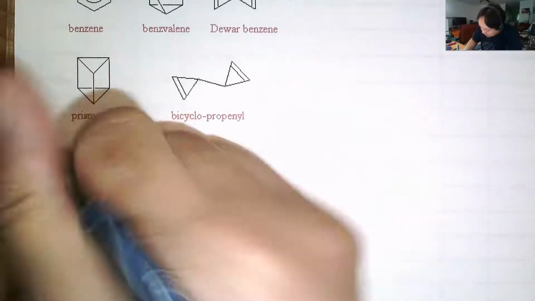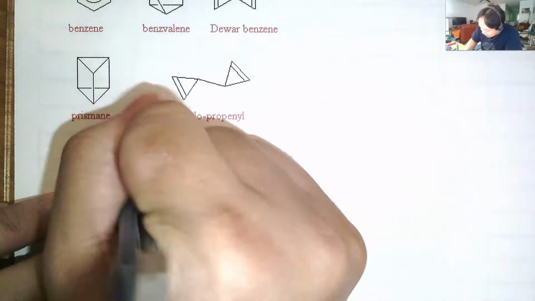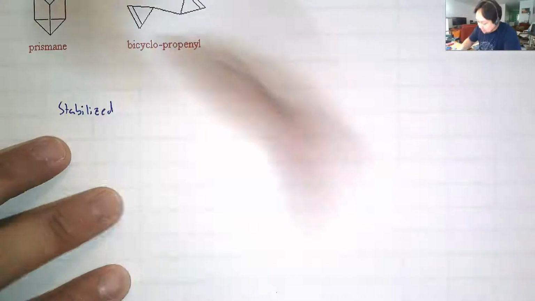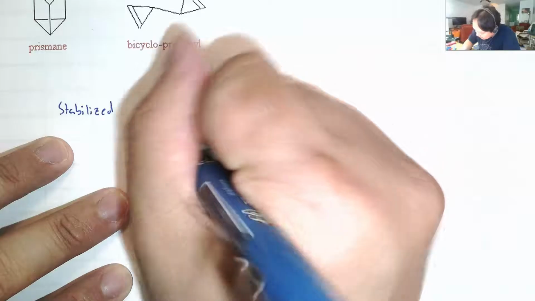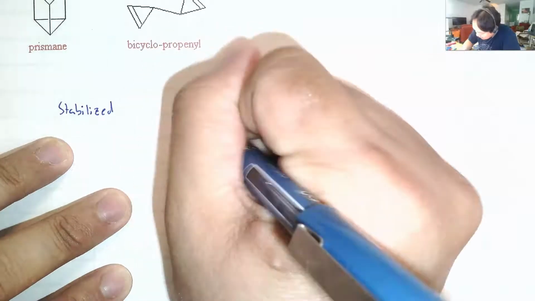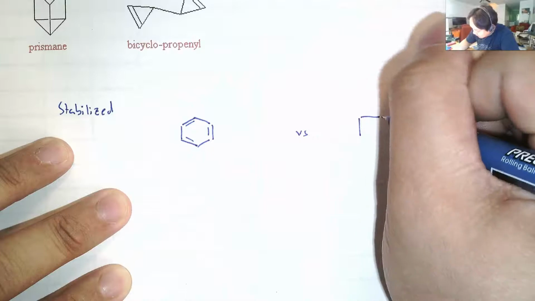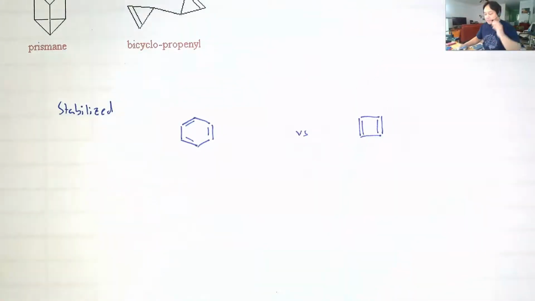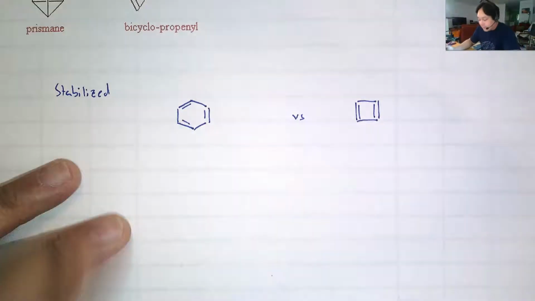Okay. And we're going to compare a couple of molecules. We're going to compare benzene versus cyclobutadiene. Okay. Cyclobutadiene. So there are a couple of things.